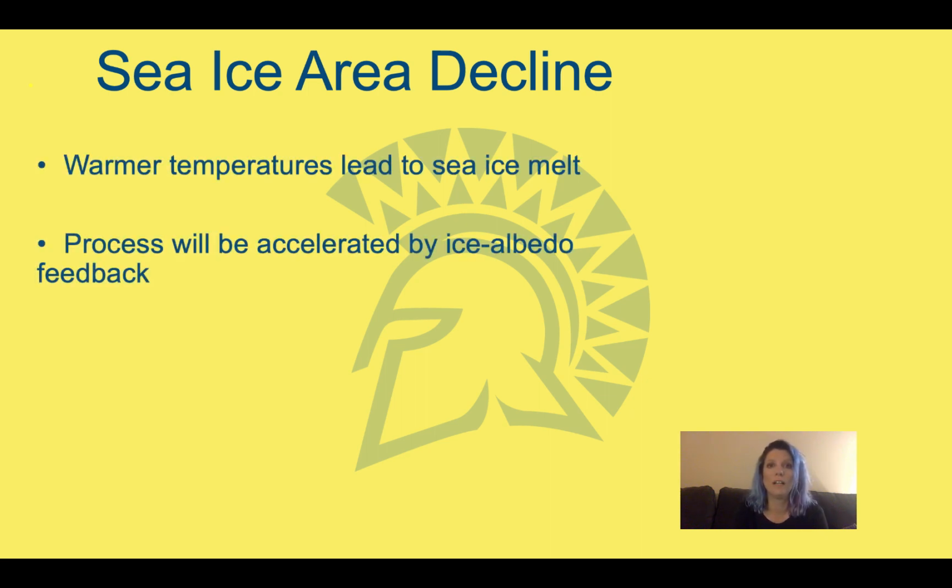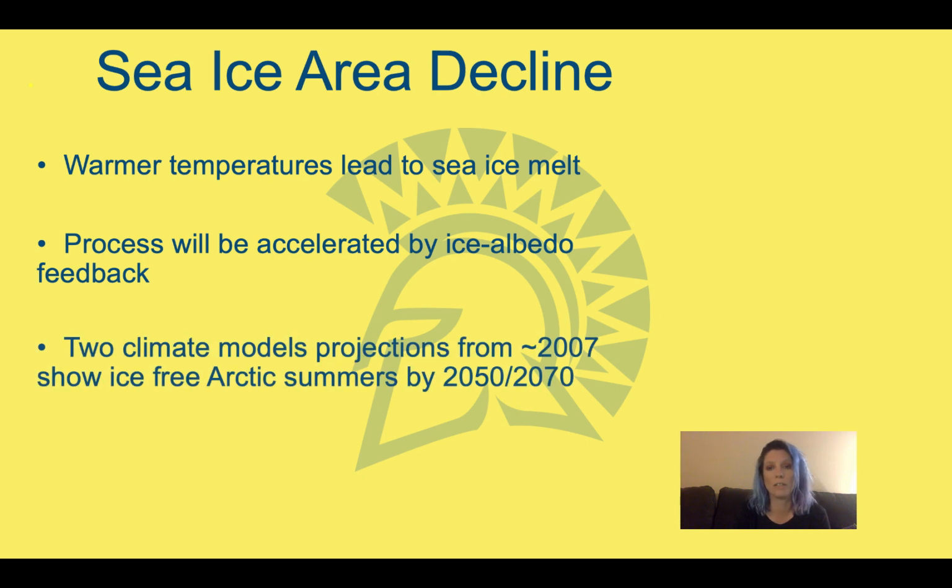Sea ice area will decline. Warmer temperatures lead to sea ice melt, and the process will be accelerated by ice albedo feedback. Remember, less ice means more absorption and less reflection. Because of feedback, it's a positive feedback, it'll cause it to get warmer. Climate models projected from around 2007 show ice-free Arctic summers by 2050 or 2070. That's only 30 years away.